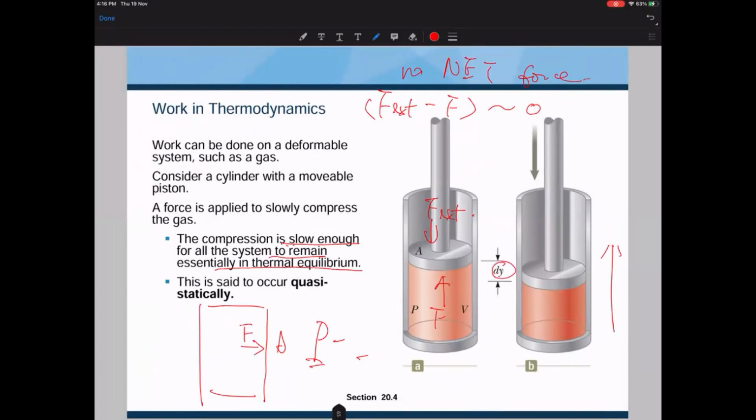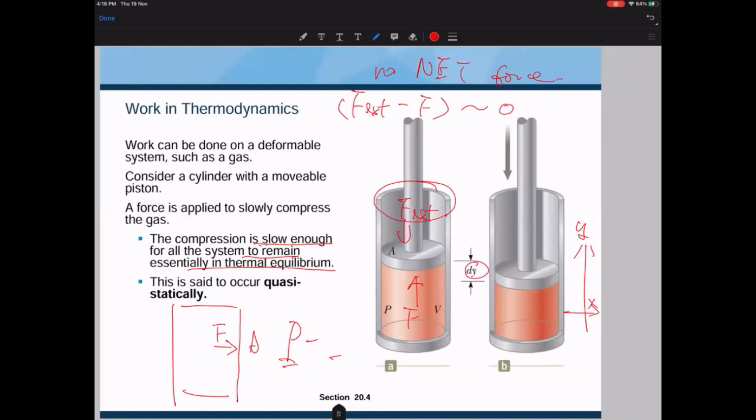We do not know what is the actual direction of the dy. The dy may be positive or may be negative. So we just write it as a variable. On the other hand, the external force is present in the negative y direction.